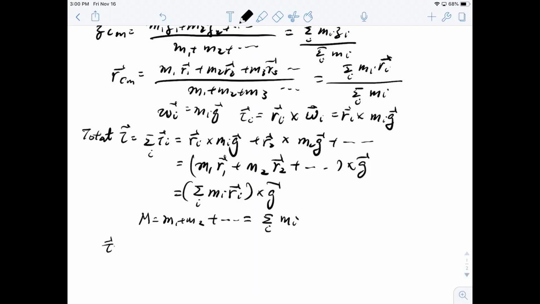The total torque is equal to the sum over i of mi ri, divided by the sum over i of mi, and then we multiply this back, which is equal to the big M, and then we still have this g here.